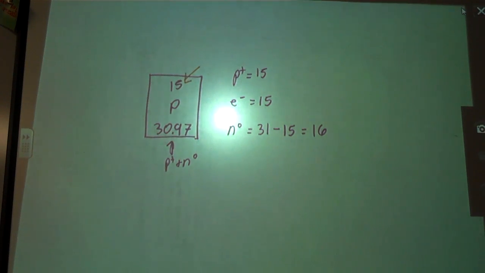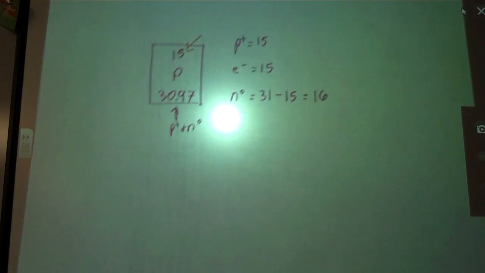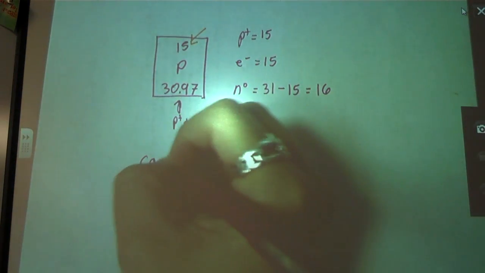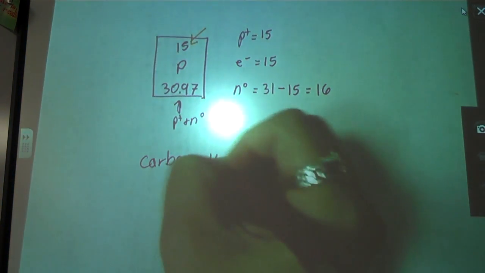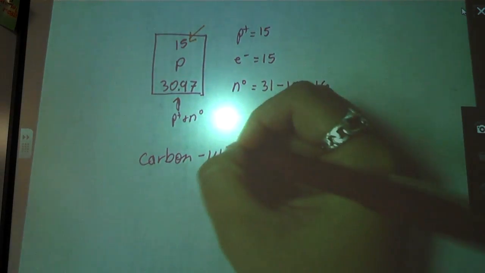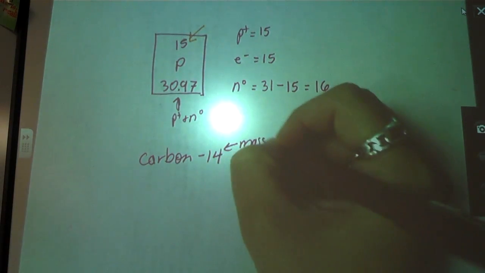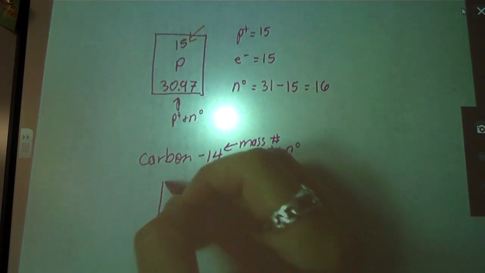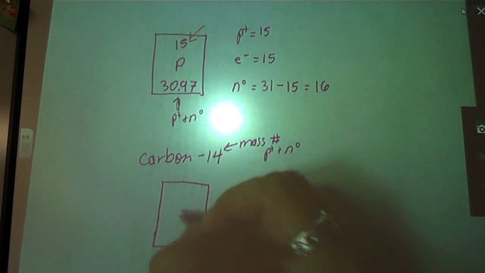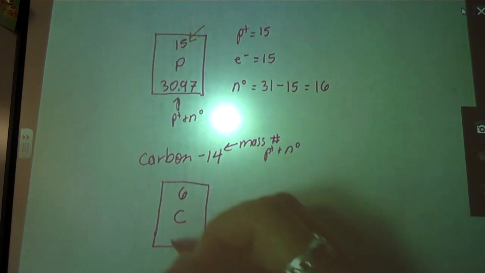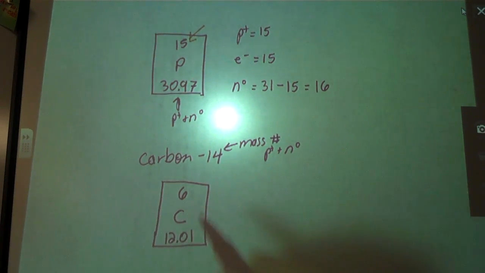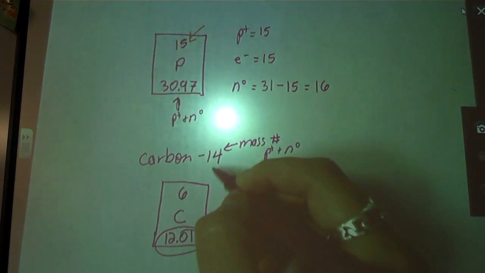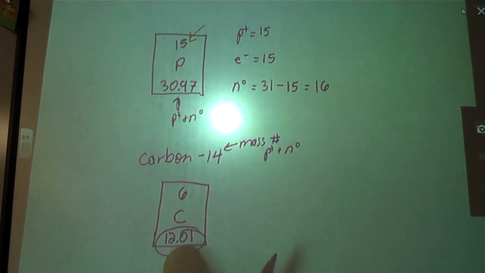Now let's say we want to do one of those isotopes that I keep mentioning. Let's say something like carbon 14. This number here is your mass number, so this is your protons plus neutrons on the periodic table. Carbon's box looks like this. Now, I have replaced this number. For this particular carbon atom, I'm talking about a mass of 14, not 12.